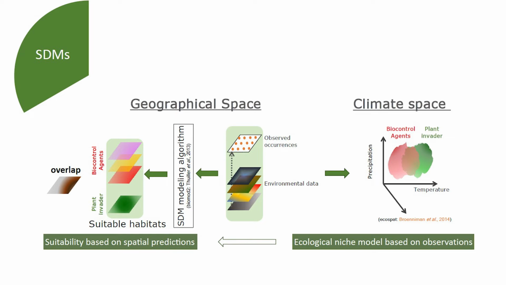These are statistically correlated with environmental data, which could be anything important for the life history of the target species, and that helps us predict the geographic space. Meanwhile, with all the data we collected, we could also estimate the current or realized niche based on the climatic data or any other environmental data.